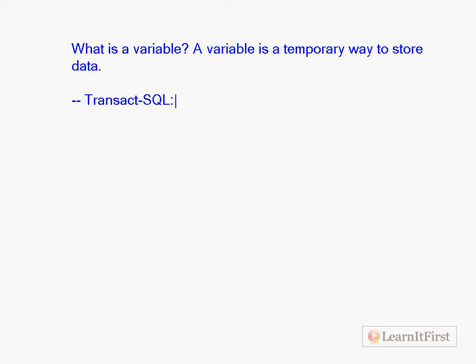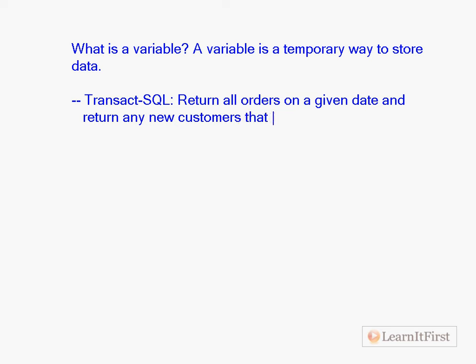So we've got a problem. We want to return all orders on a given date, and return any new customers that were also added on that date. So we could do something like this.